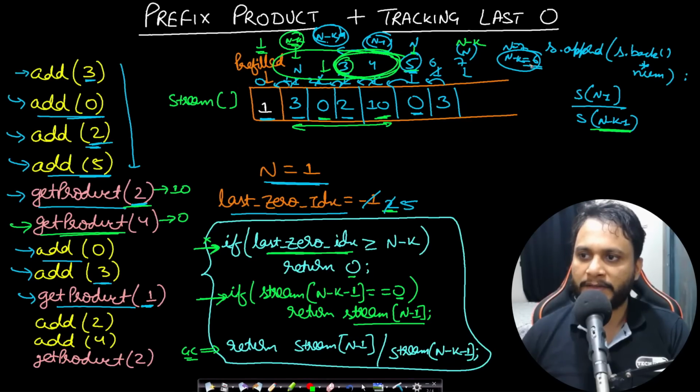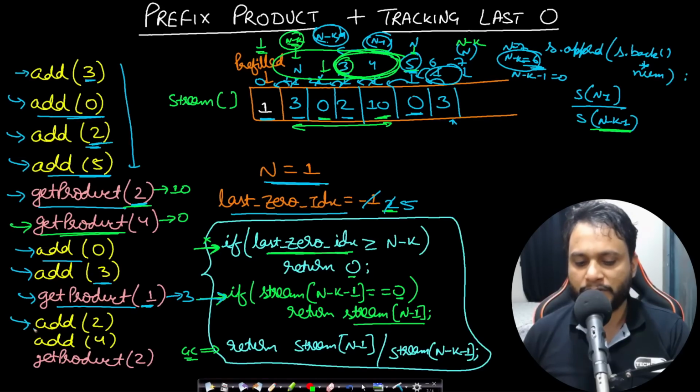Is this 5 greater than or equal to 6? No, and that is why there is no 0 within the range in which I am interested to find the product. Now the second thing: the previous item of my range, that means n minus k minus 1, is it 0? So yes, it is 0. So whatever value I am seeing at n minus 1, that must be the answer, and that is why 3 will be returned in the answer.